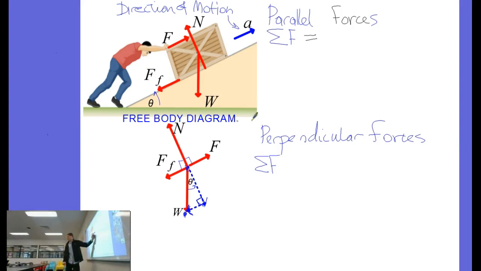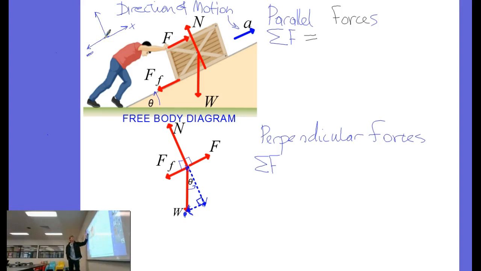So for this problem, everything's on an angle. So from here, I've got one direction which is going up the plane or parallel to the plane, and if it's going up, I'm going to say that is the positive direction for the parallel forces. So that means going down the plane, that is still parallel, that must be the negative direction for the forces.